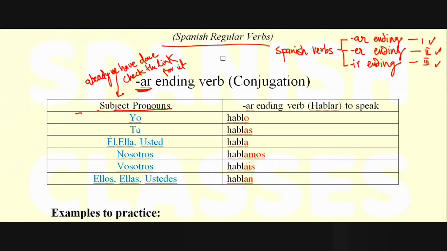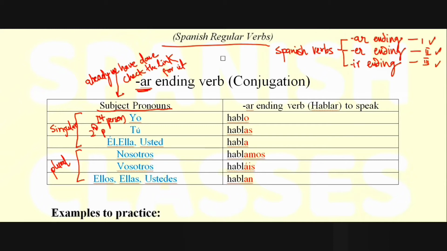Subject pronouns, we have these first 3. These are singular subject pronouns. These 3 are plural subject pronouns. And in total there are 6 subject pronoun sets.